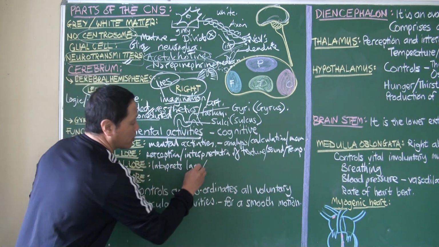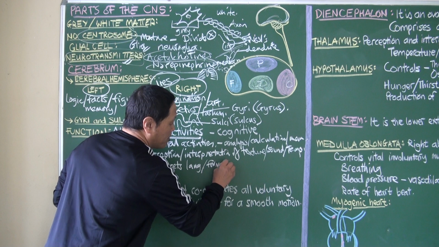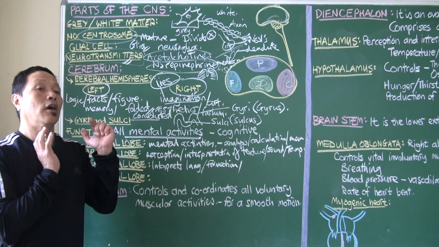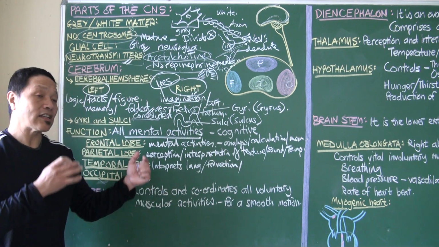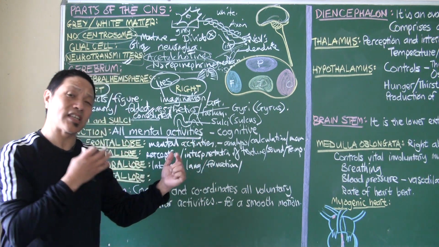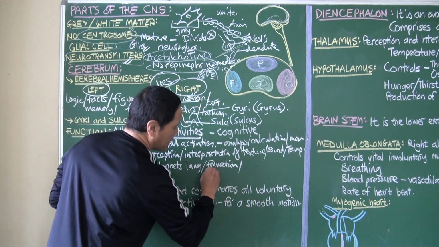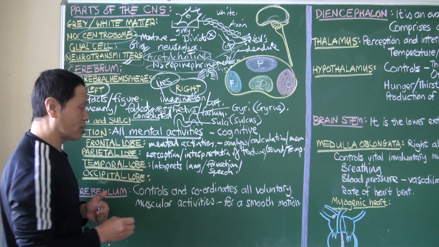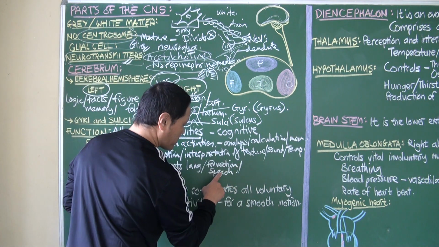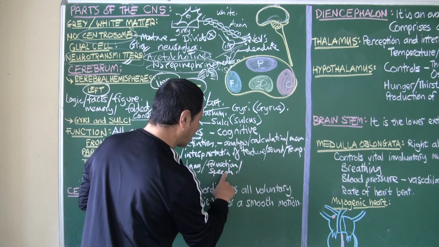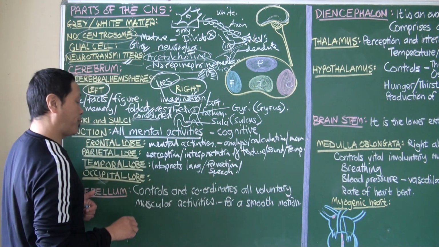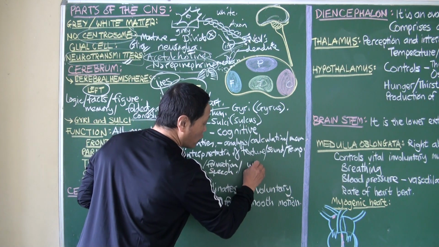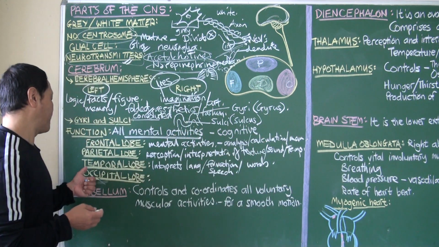And formation of speech, you can't just throw a bunch of words. Those words have to come in a sequence. So all of that is done by the temporal lobe. So we just write formation of speech, interpretation of language, understanding of words, all of that.